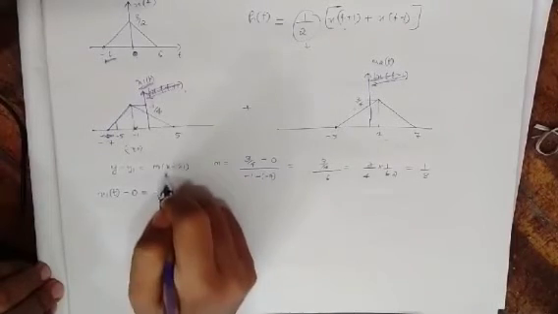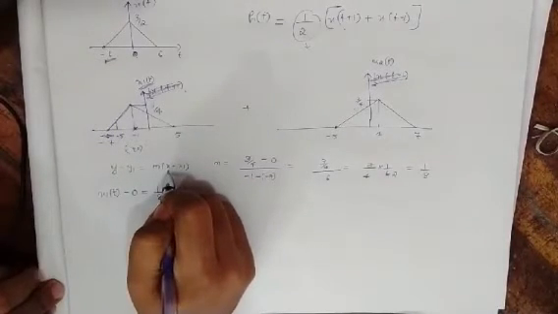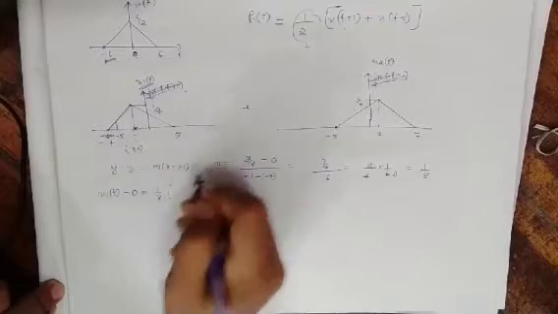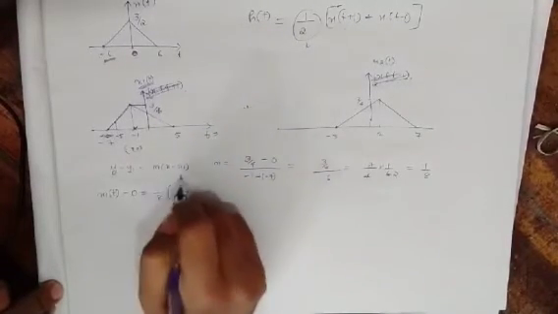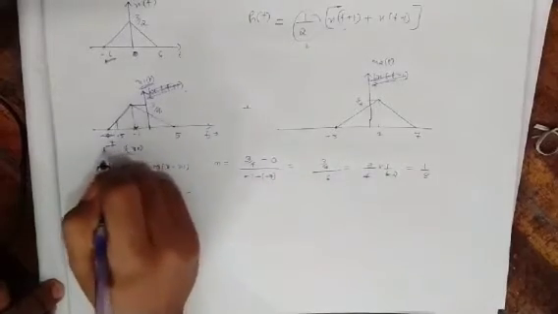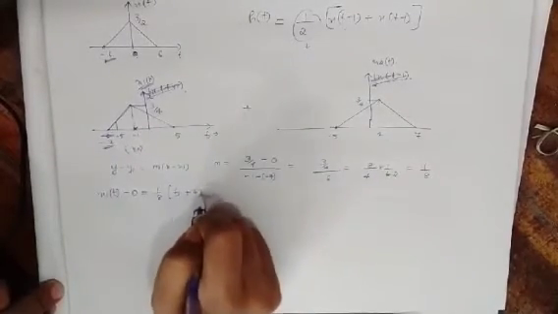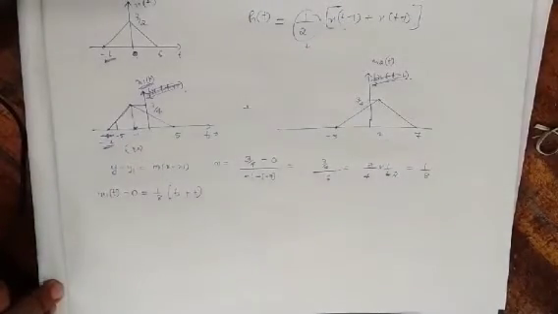Instead of x, I am going to write t, as the x-axis represents time. So, t minus x1, and x1 is starting from minus 7, that is t plus 7. Okay, is that clear?